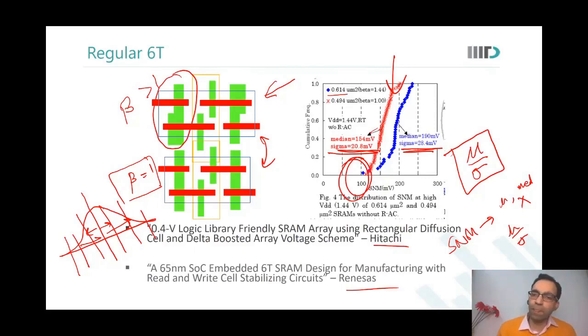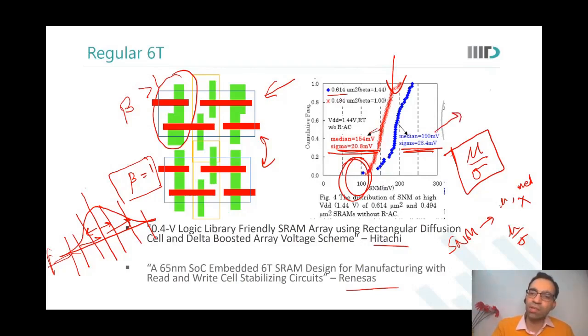So if my mu by sigma is very large, it means my variations are more controlled. My median is very high. I do not hit a zero until far away, until very many sigmas. So if you have to quickly estimate the mu by sigma of these two cells, which one has a better mu by sigma?